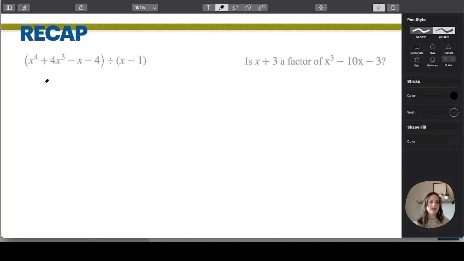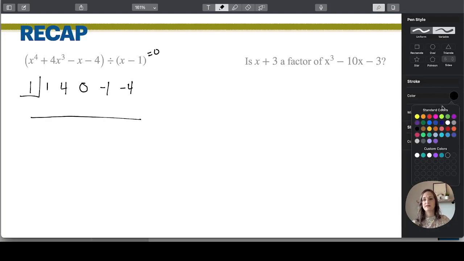Okay, so in the first one, build a shelf, and then I'm going to put the coefficients in. There is no x squared, so you got to put a placeholder of 0. And then if x minus 1 gives me 0, then a positive 1 is what I'm going to put in the shelf.